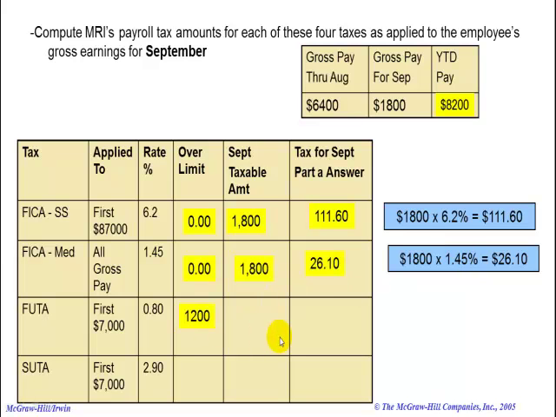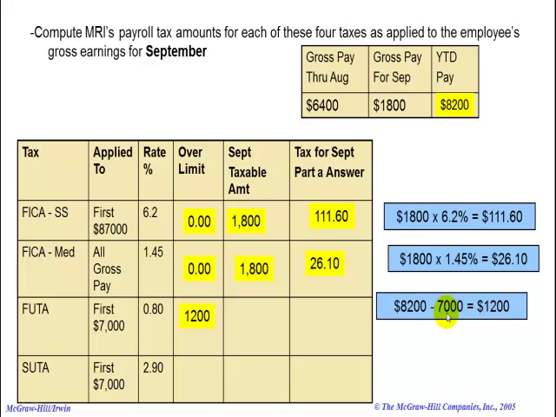For FUTA, they were over the limit by $1,200, which means that of this $1,800, $1,200 is over the limit, so we're only going to pay taxes on FUTA, that is, the employer is going to pay the taxes, for $600.